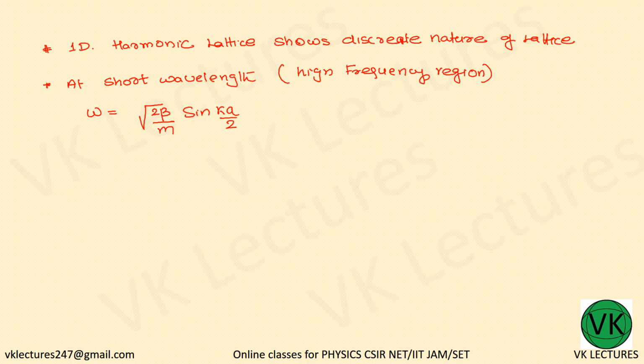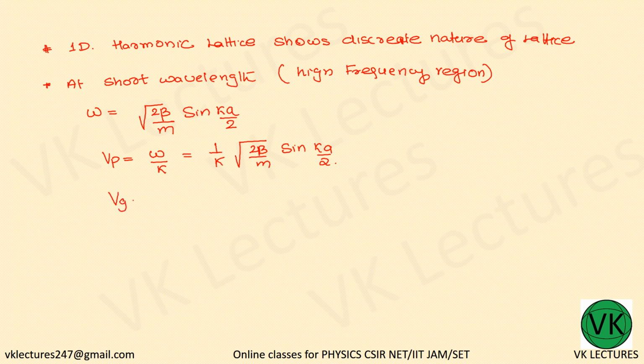Now this is for short wavelength, and we can write Vp, the phase velocity, given by omega by k, which will be equal to 1 by k times the square root of 2 beta by m sin Ka by 2.